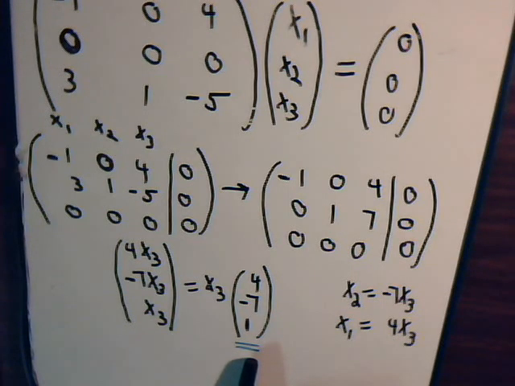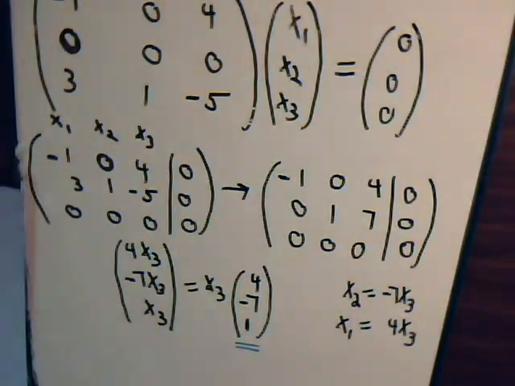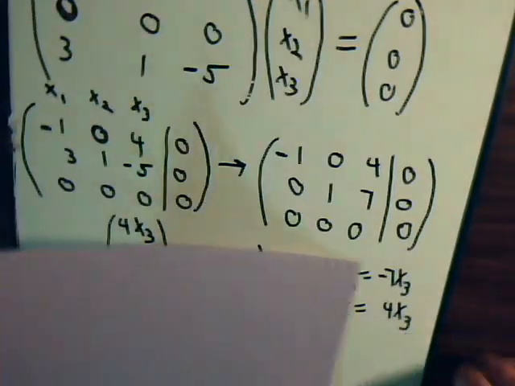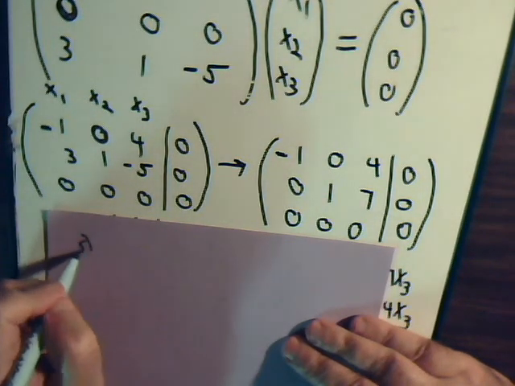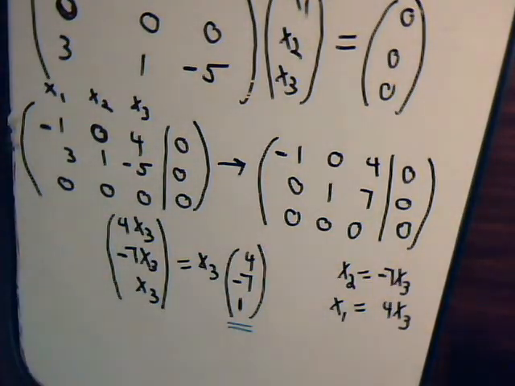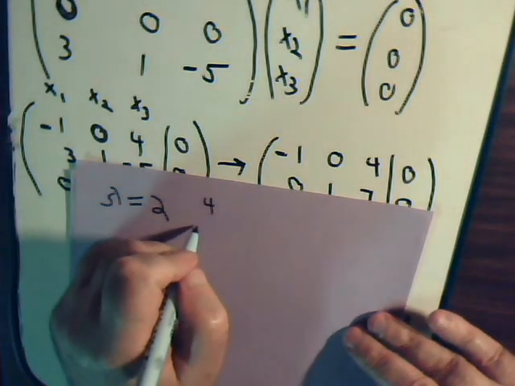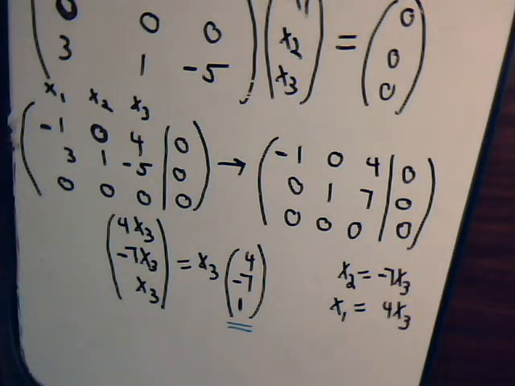But here then is the eigenvector, and it can be multiplied by any constant. So we'll just take it as being multiplied by 1. So when lambda equals 2, the corresponding eigenvector is 4, minus 7, 1. So we have found one of the eigenvectors. Let's continue along.